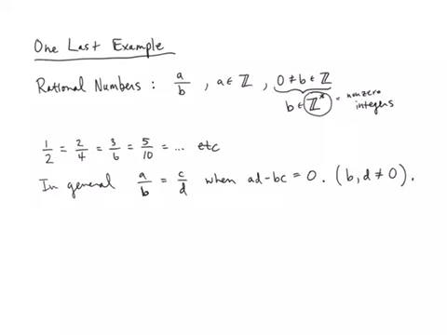Like a over b means something like, you have a pie cut into b pieces, and you're considering a of those pieces, a pieces of that size. So you have a relatively robust conceptual understanding and operational understanding of how to work with these rational numbers.